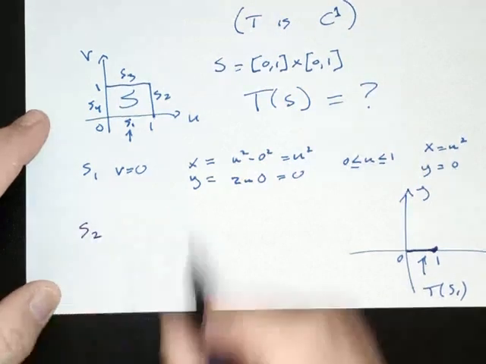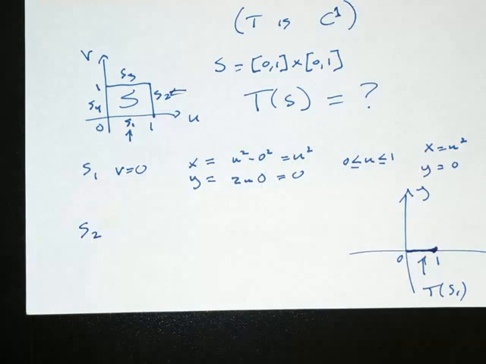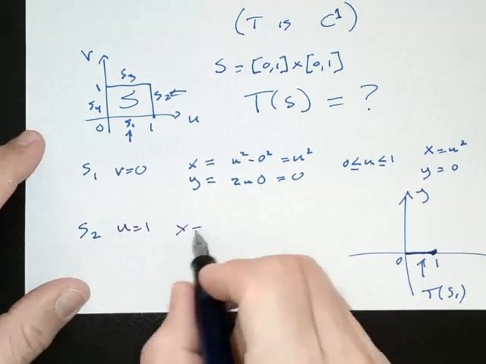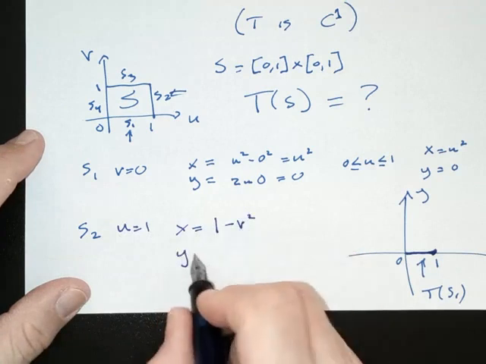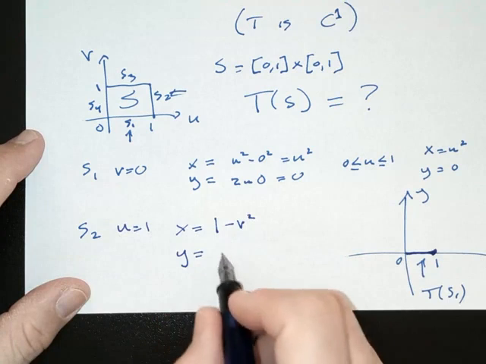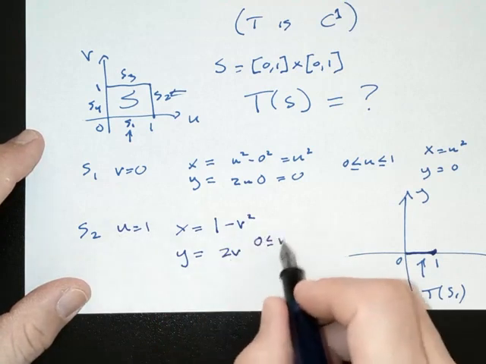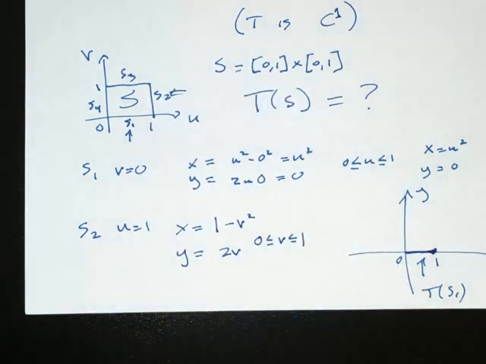What do we know about S2? U is equal to 1 there. So my equation for X is 1 squared minus V squared, and Y is 2 times 1 times V. And I know V is between 0 and 1. Graph that.